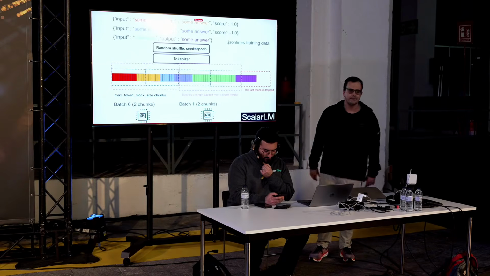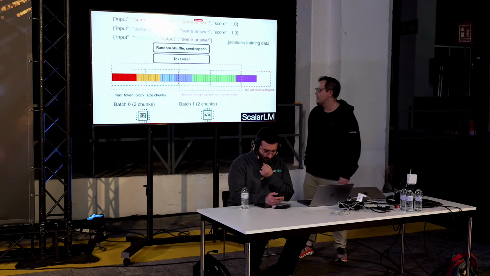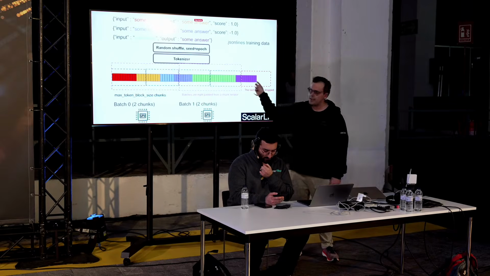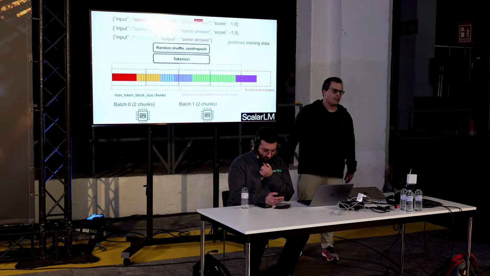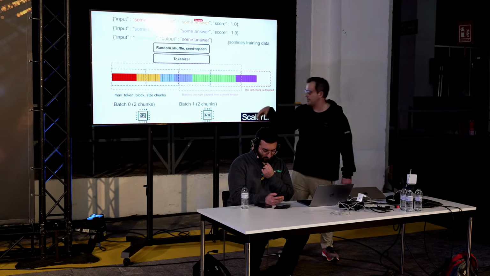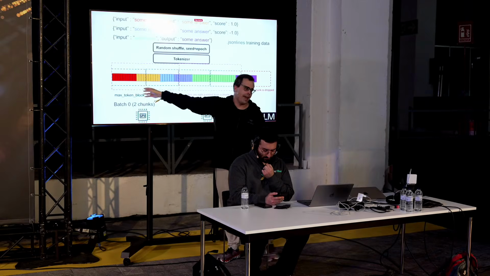In high-performance computing, it's called load imbalance. We hate load imbalance, so we break up everything into evenly sized chunks. But what that means is that some of these examples span chunks. You can see here, the output of the first one got chopped in half.